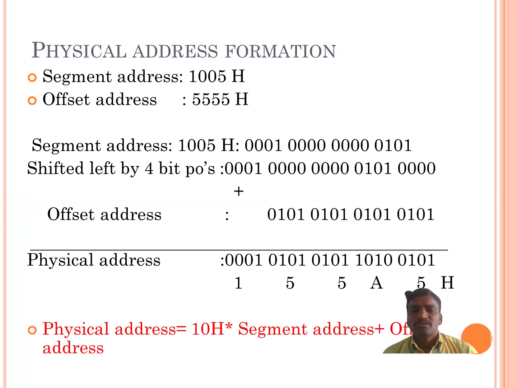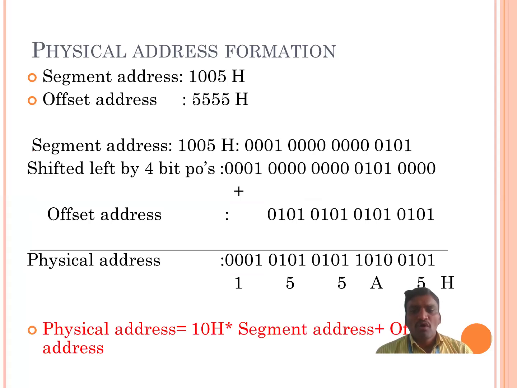In the 8086 microprocessor, whatever memory location you are taking consists of 2 addresses. One is the base address, another one is the offset address. The base address will be stored in any one of the segment registers, and the offset address will be stored in offset registers only.